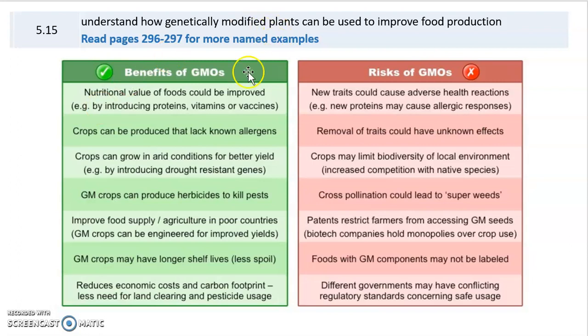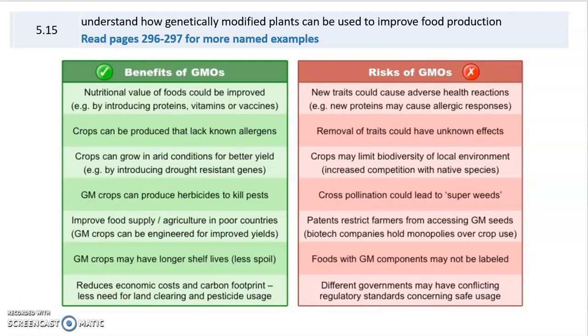So why would we genetically modify plants? Well, we will genetically modify them possibly for some kind of nutritional value. We can have a higher yield of protein, higher yield of vitamins. We can actually genetically modify also to have the plant produce a particular vaccine that we want. We can make crop plants which have got reduced allergens, which is important, obviously, if it's going to be consumed.